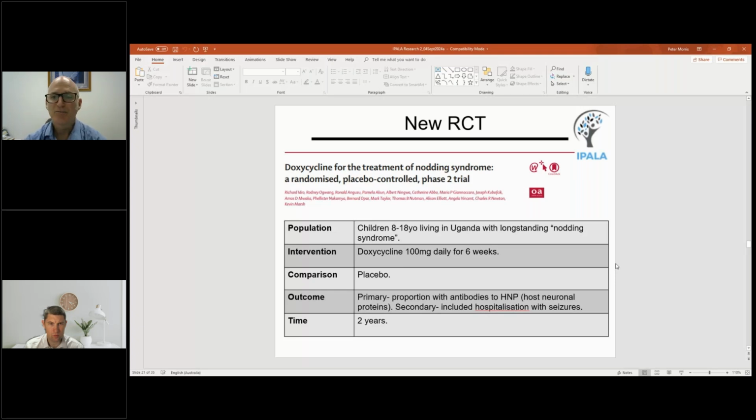However, they did include some secondary outcomes, and of the secondary outcomes, some were clinical, and one of the most important clinical ones was hospitalization with seizures. The time of outcome was 2 years.